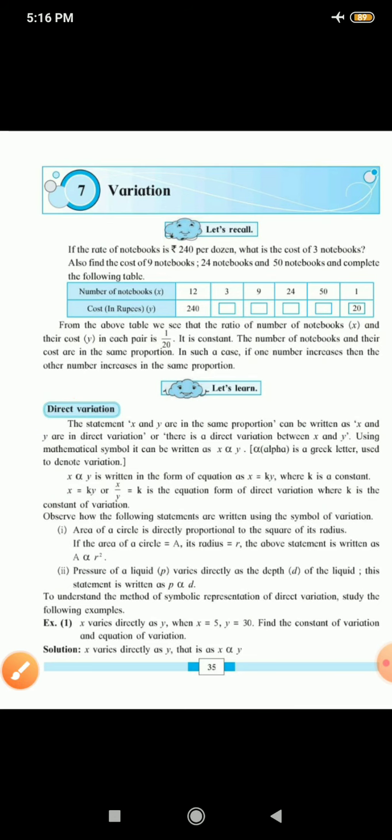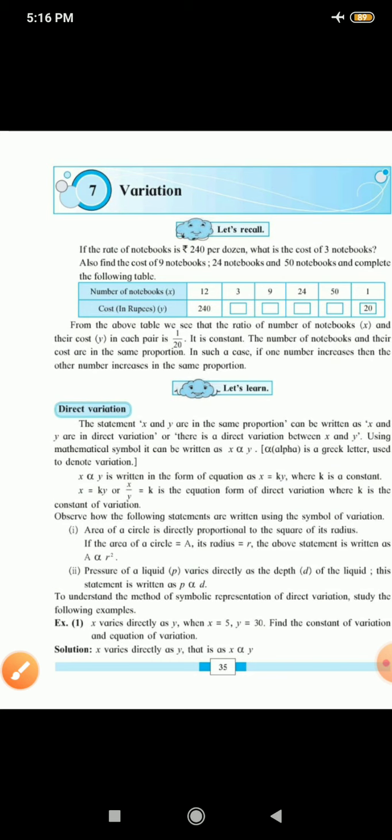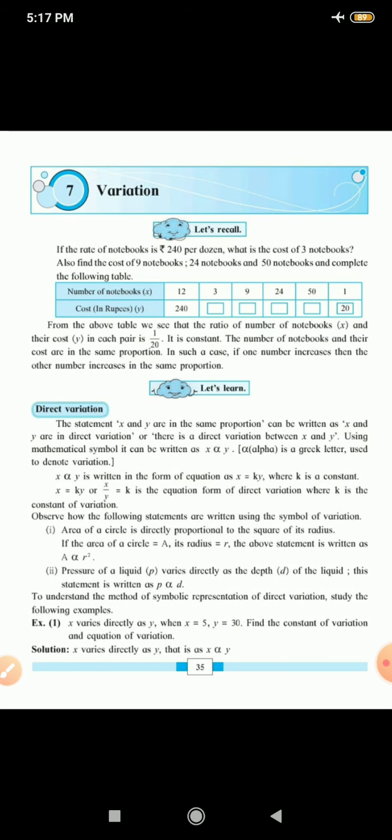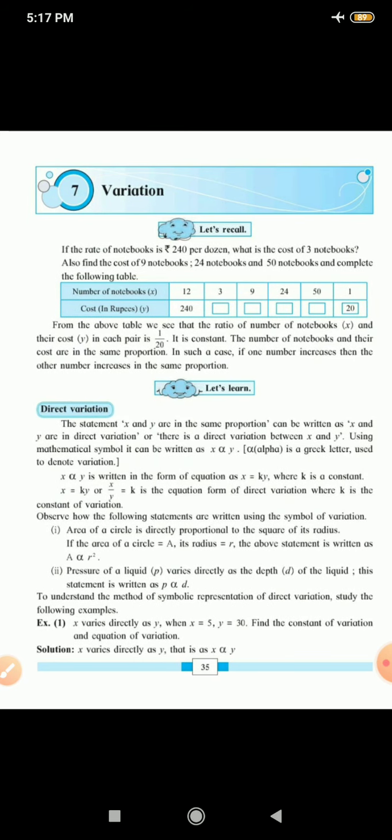Observe how the following statements are written using the symbol. Area of a circle is directly proportional to the square of its radius. So if the area of the circle is A, its radius is R, the above statement is written as A varies directly as R square.